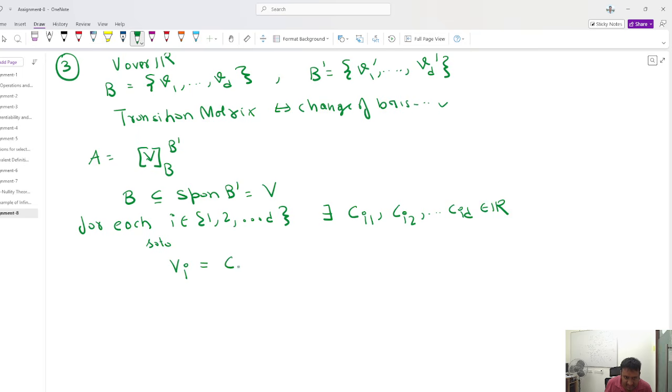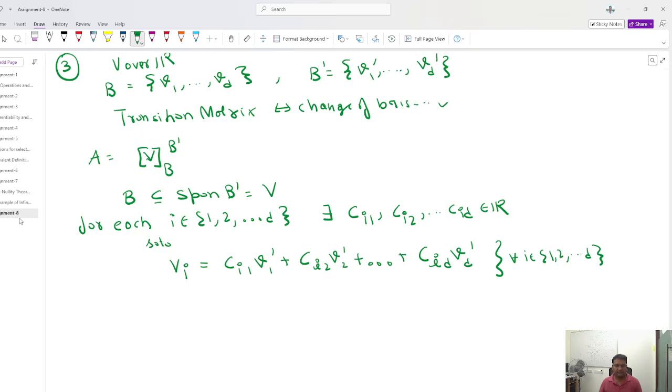VI you can write as C I1 V1 prime plus C I2 V2 prime, plus dot dot dot, plus C ID VD prime. So if you see, this is not one equation. This is happening for every I in 1, 2, D, right?